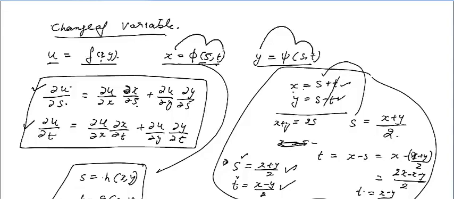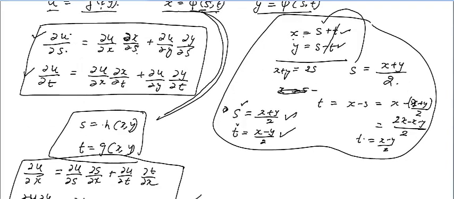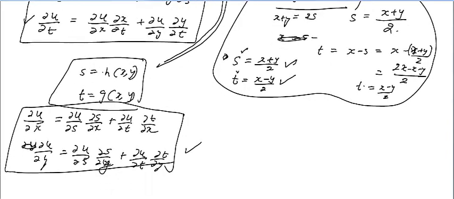This is the only thing you want to know. Change of variable means that if x and y depend upon s and t, you can write s and t depending on x and y, and find derivatives in the same manner. It is a similar kind of situation.